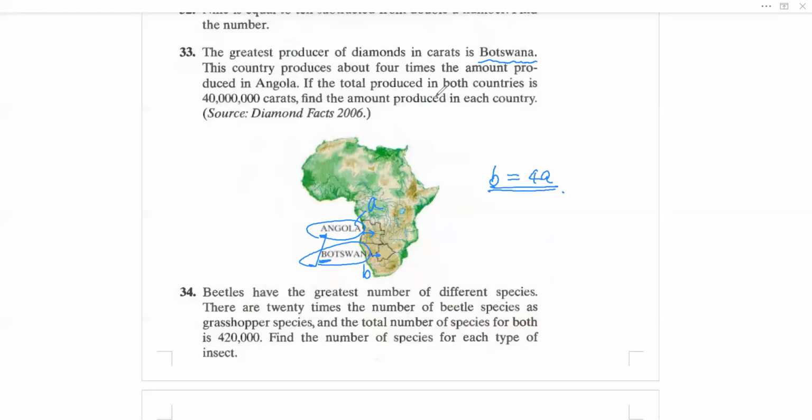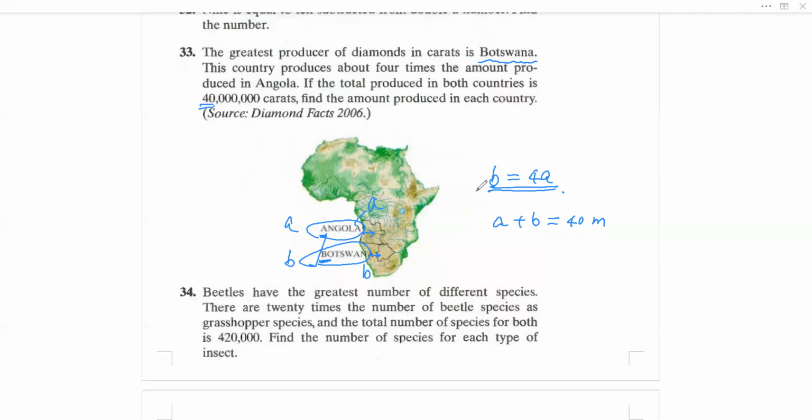If the total amount produced in both countries is 40 million. So A plus B. Here is B, here is A. B equals 4A. So totally A plus B equals 40 million. Find the amount of each country.